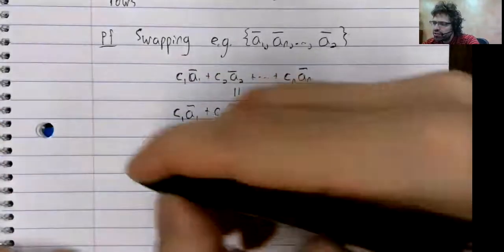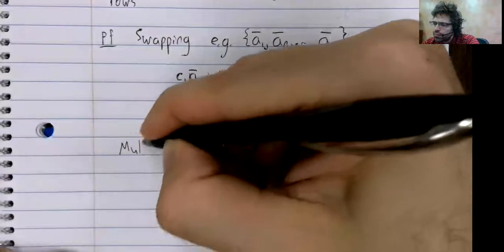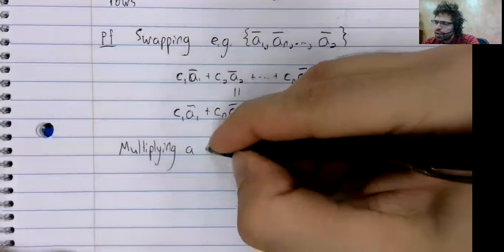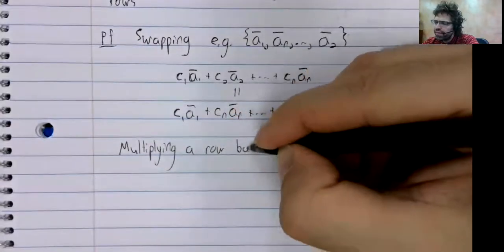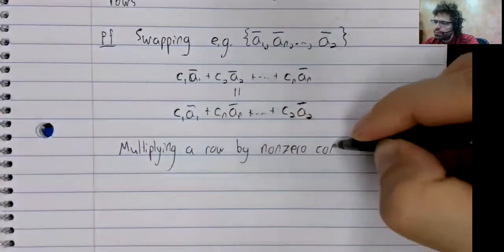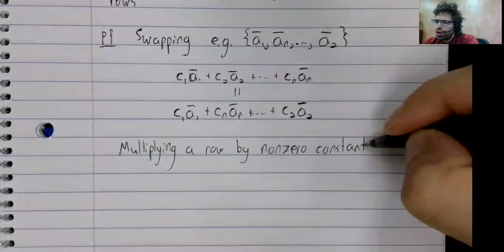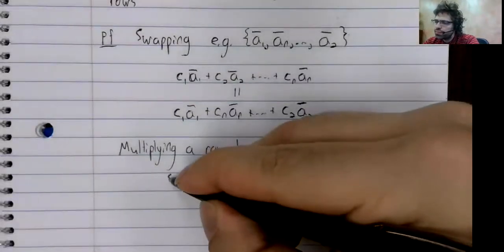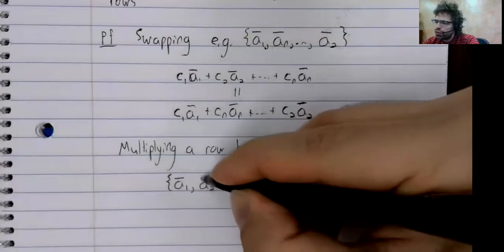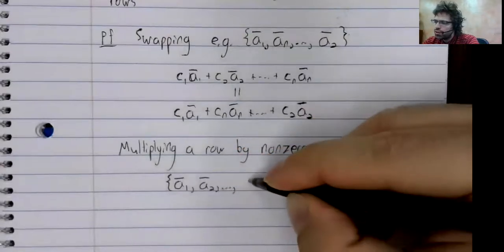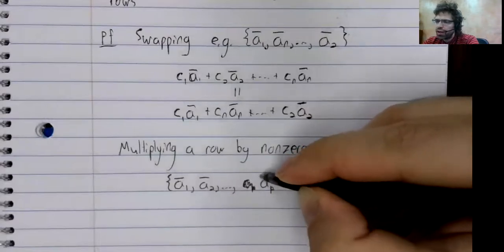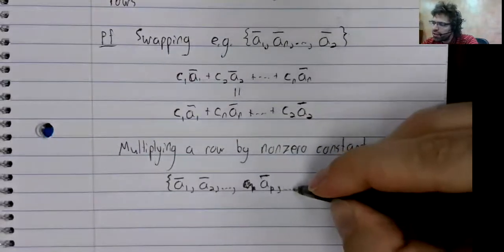Slightly less trivial is multiplying a row by a non-zero constant. So we have these rows. Let's call the row we're going to multiply by something A sub k.